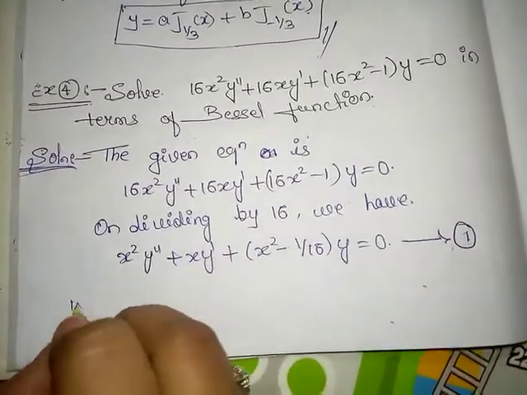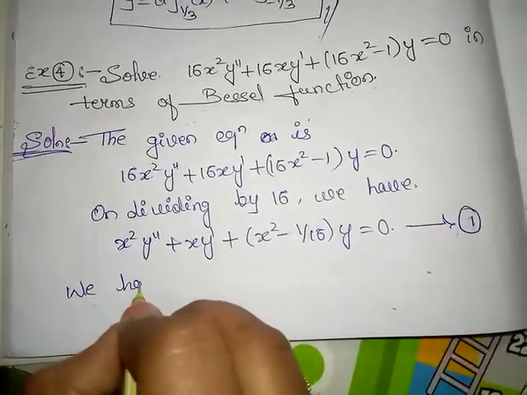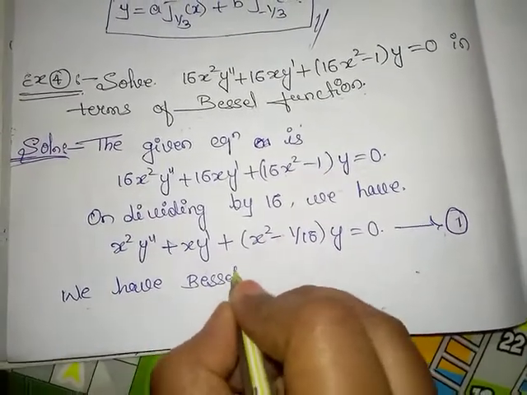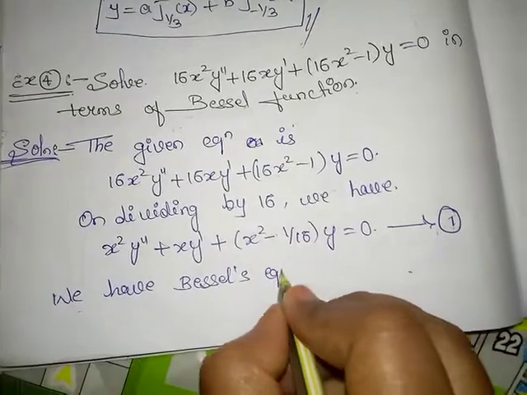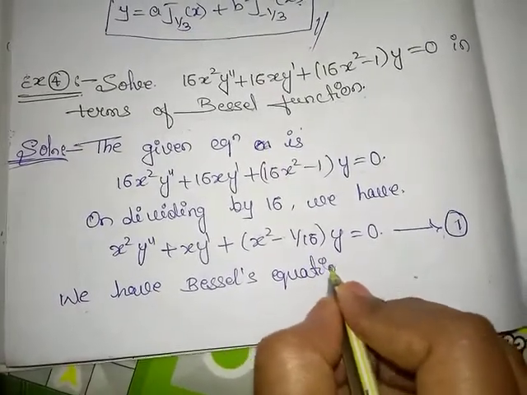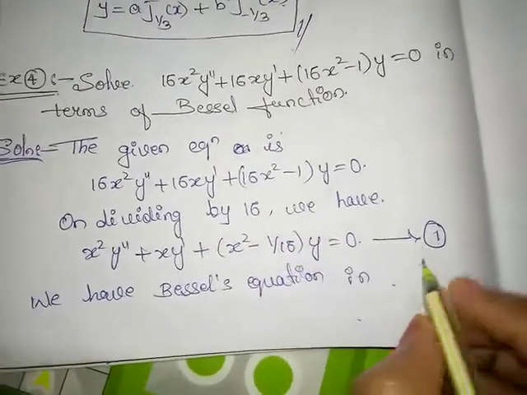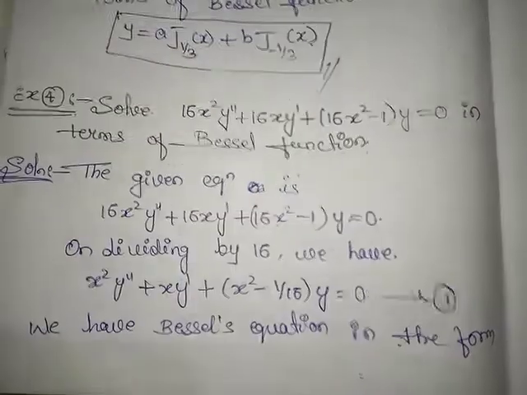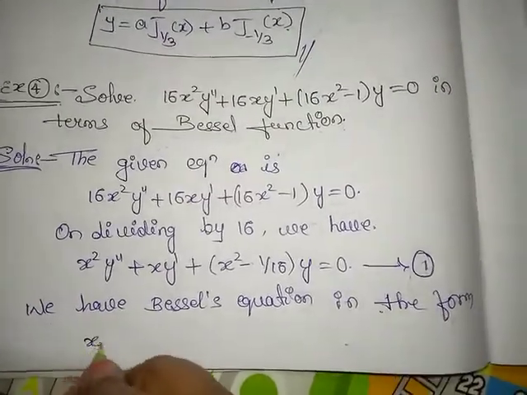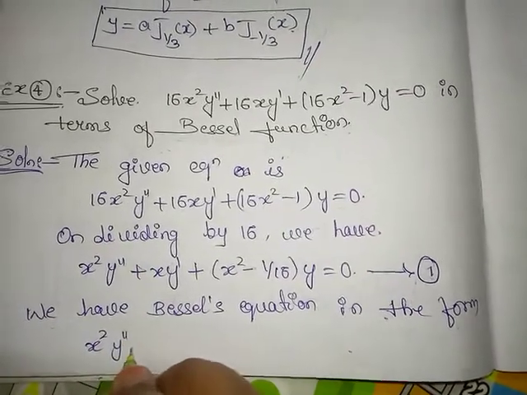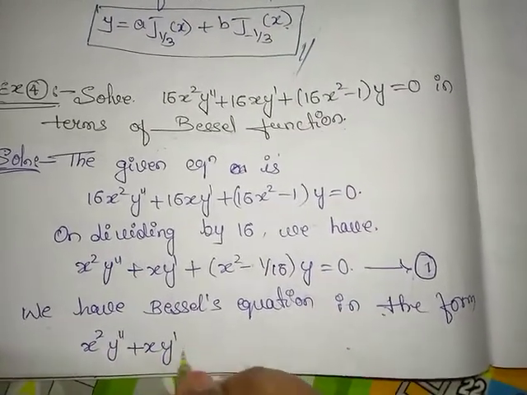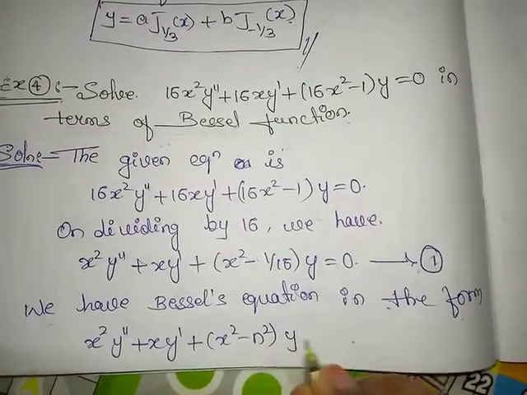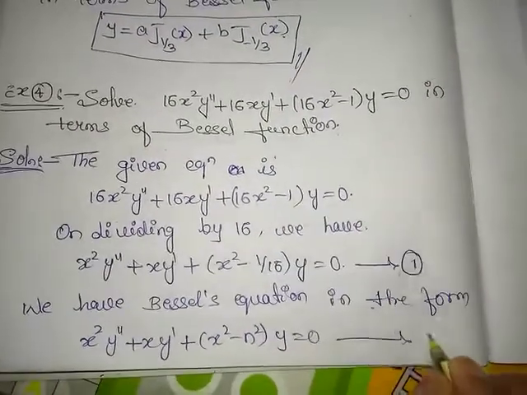We have Bessel's equation in the form x square y double dash plus x into y dash plus x square minus n square into y is equal to 0.